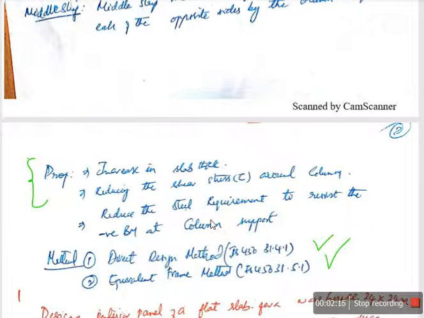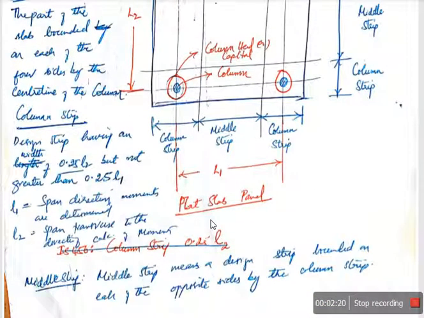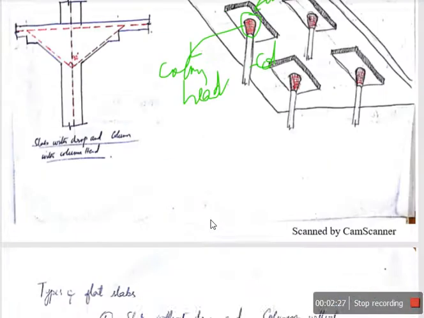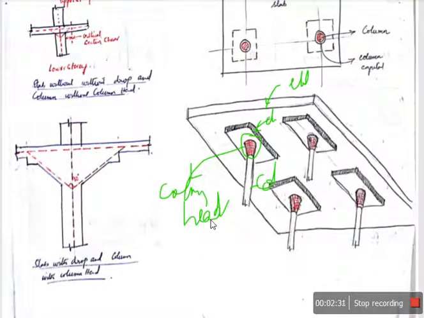The flat slab is normally used where you have huge spans. When you have huge spans, the bending moments increase with the increase in span.